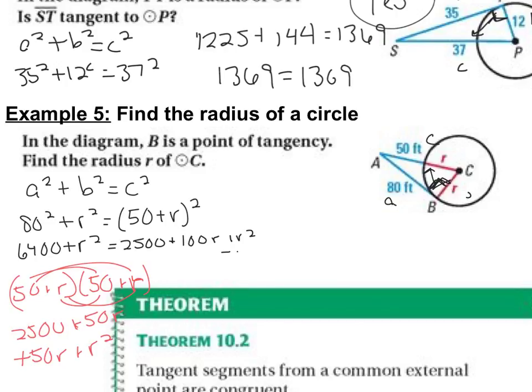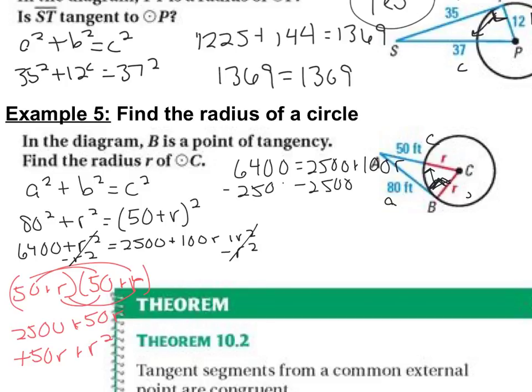Okay, so I'm going to subtract r squared on both sides. Those will cancel out. I'm going to have 6,400 equal to 2,500 plus 100r. Subtract 2,500 on both sides. That is going to get me 3,900 equal to 100r.